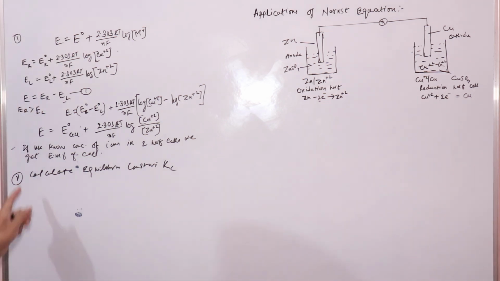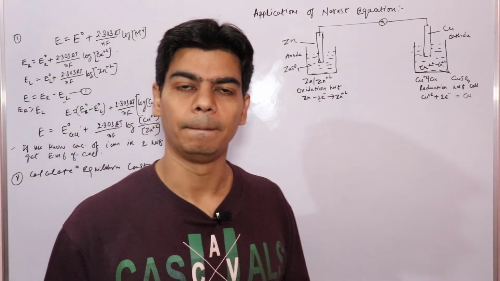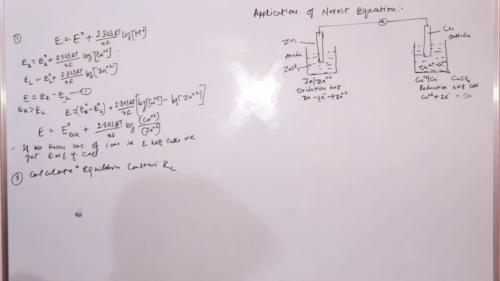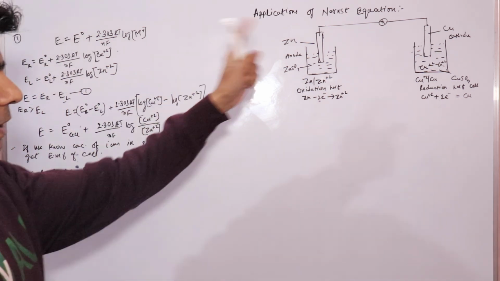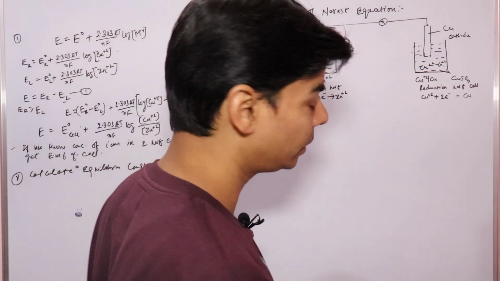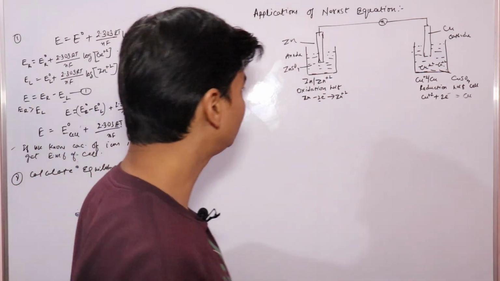We know that when the reaction is at equilibrium, we can calculate the value of the equilibrium constant. Now let's see when this reaction will reach equilibrium.